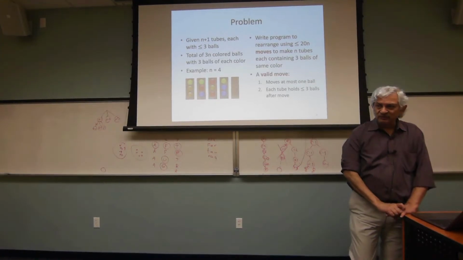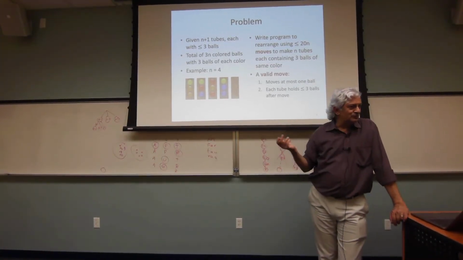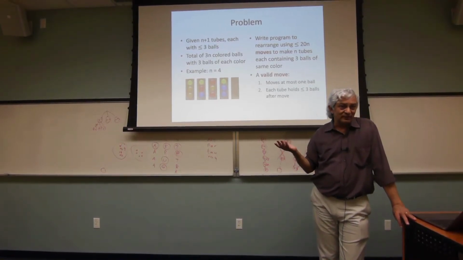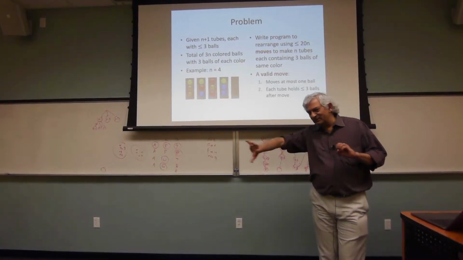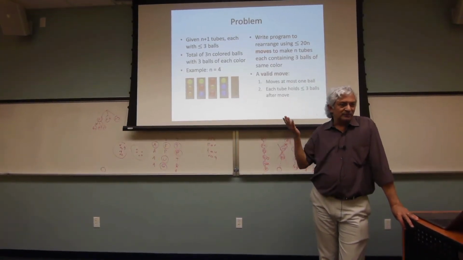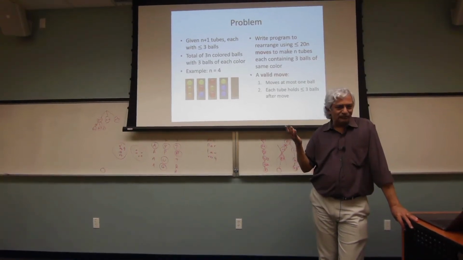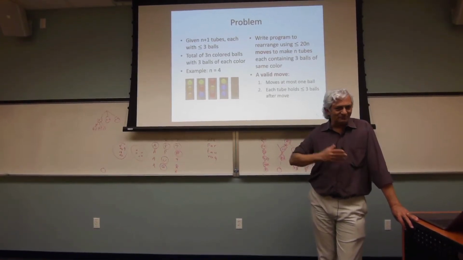Which means, in order to go from n to n-1, I can use how many moves? 20 moves, right? So I have 20 moves in which to nicely separate out one of the colors. That's my job. So I have to write code for this, and then I'm done. And then I reduce the problem to n-1 and keep going.